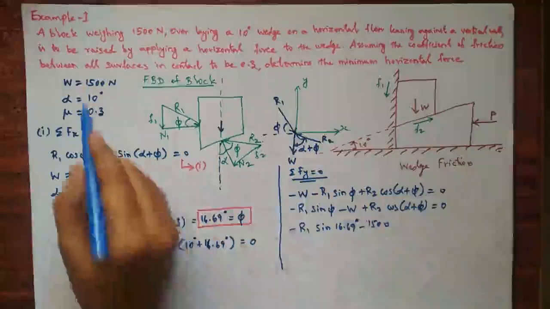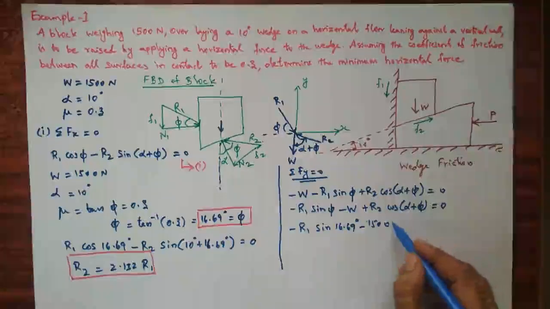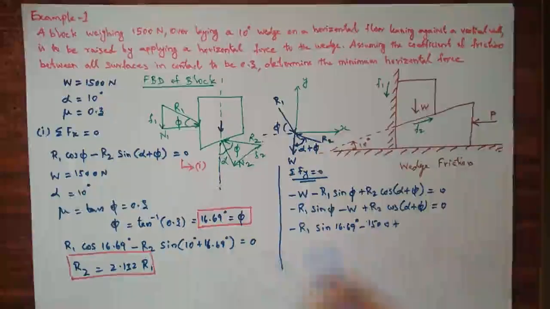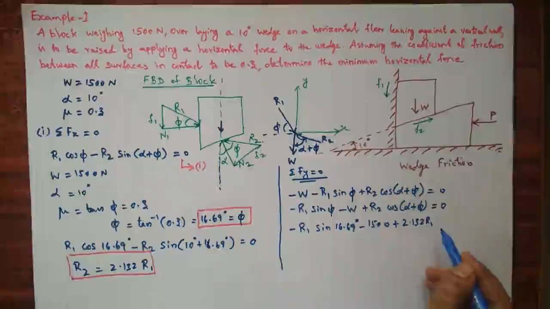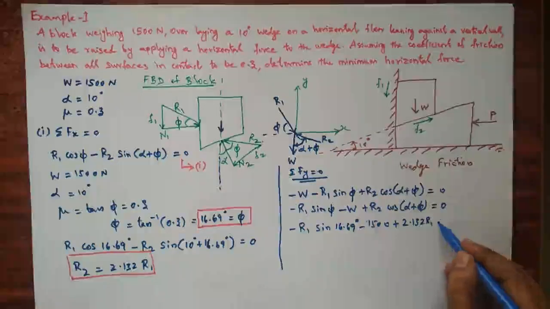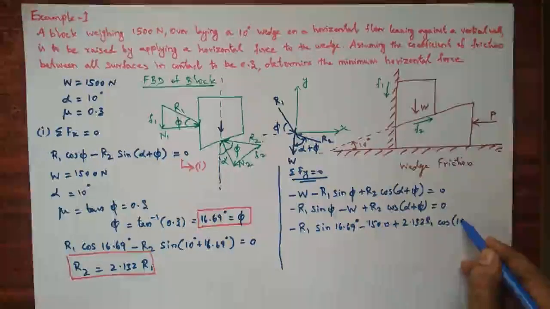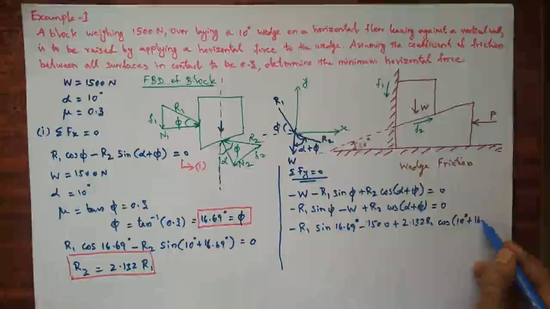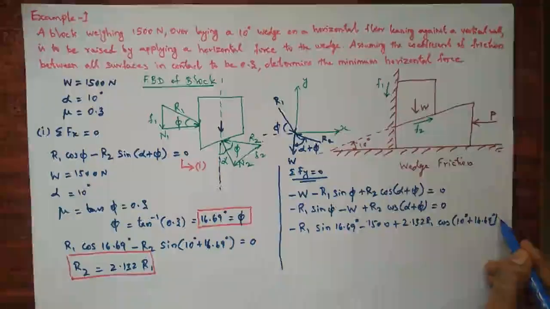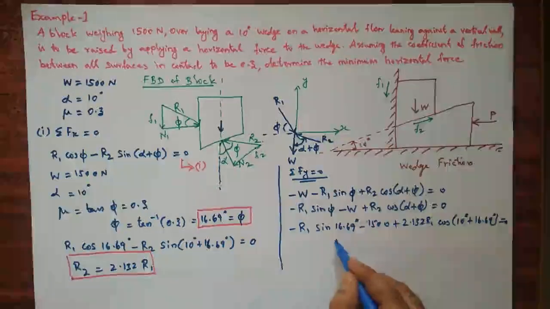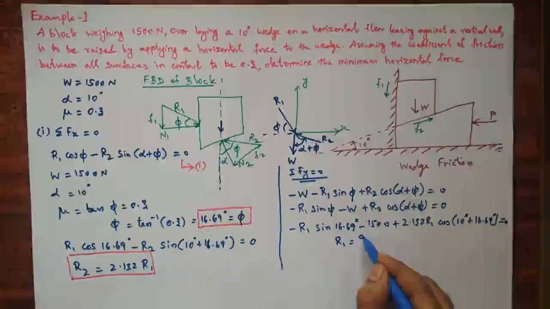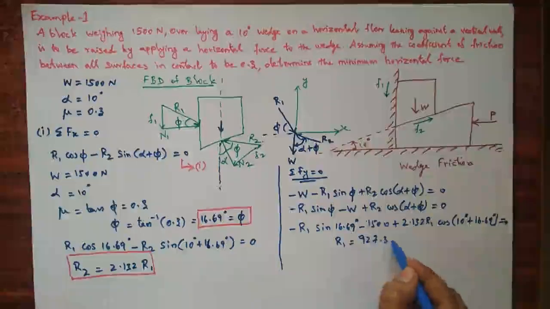So the W value is given as 1500, plus in R2 I am substituting 2.132 R1, 2.132 R1 cos 10 plus 10 degree plus 16.69 degree, which is equal to 0. So I am solving this equation. I got R1 which is equal to 927.3 Newton.